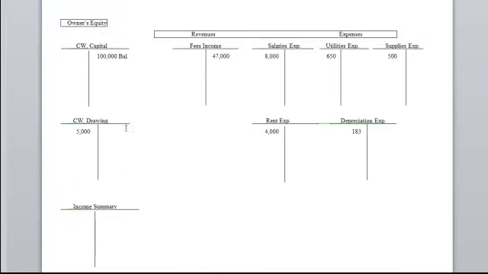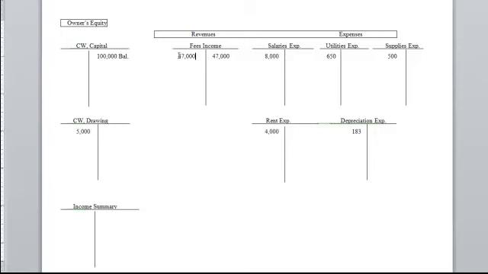Alright, so with that, I come down here and I see my revenue account has a credit balance of $47,000. If I want to zero that out, what am I going to have to do to that account to get it to be a balance of 0? I'm going to have to debit it for $47,000. So I'm going to debit the fees income account, $47,000.